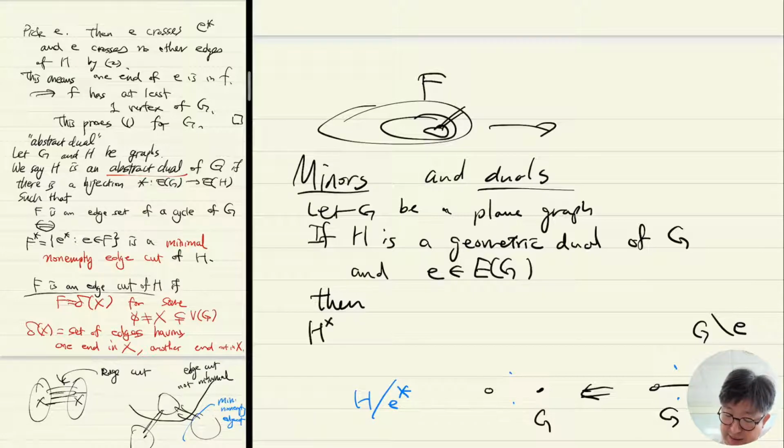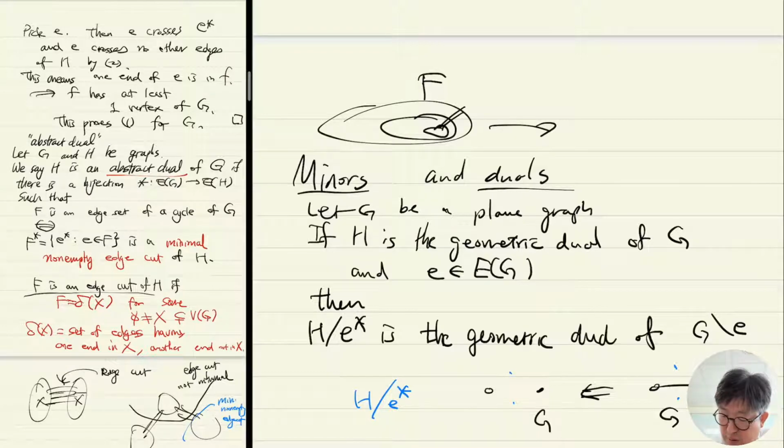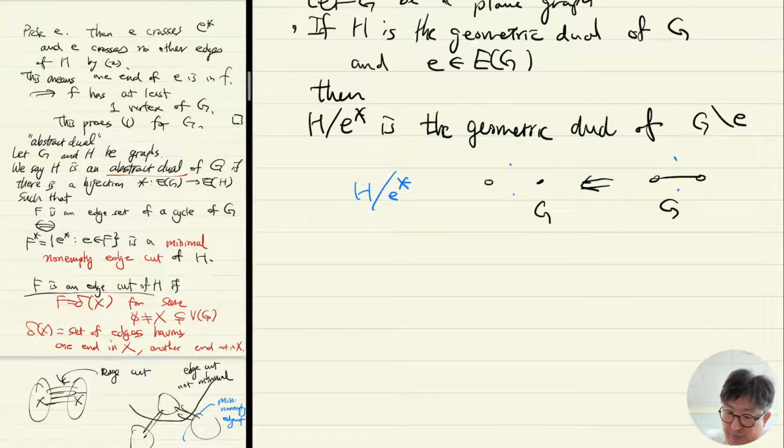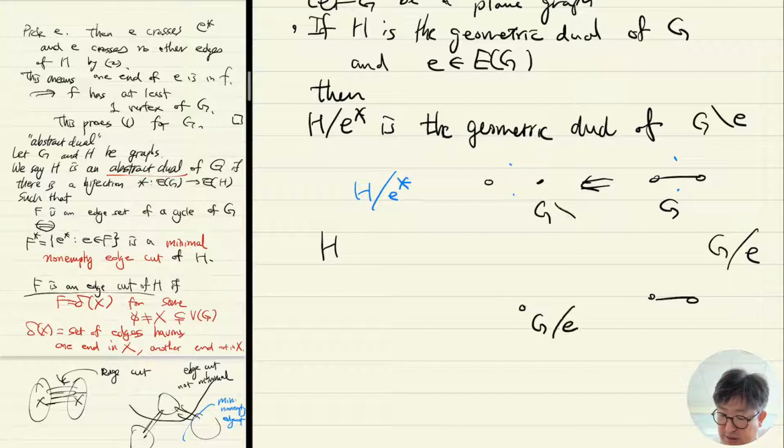So H contract E star is the geometric dual of G delete E. If H is the geometric dual, and furthermore, if I contract E, then nothing changes except we lose one edge in the dual.